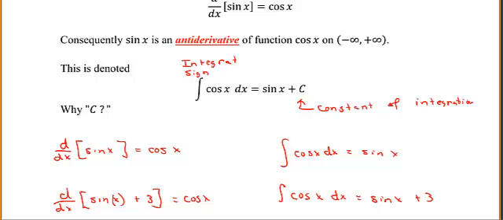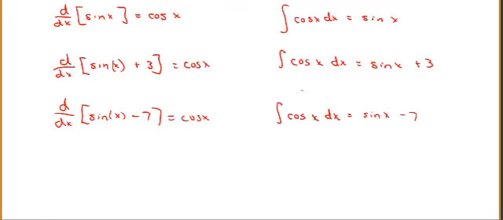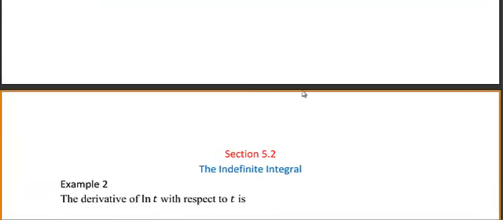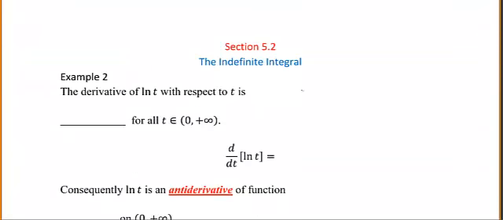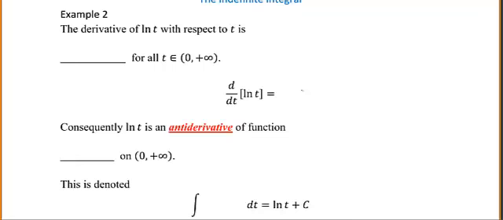When we look at the derivative, we don't know what constant we've lost, so we have to expect anything. But this will be a constant. It can only be a number.